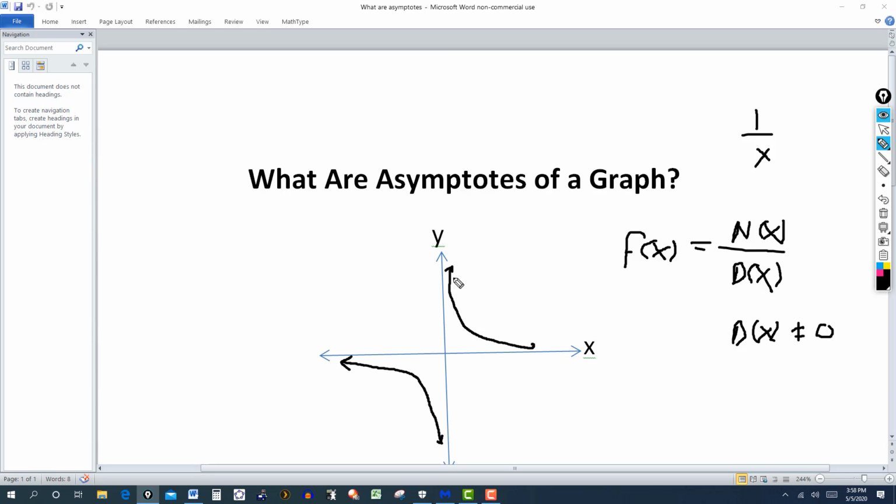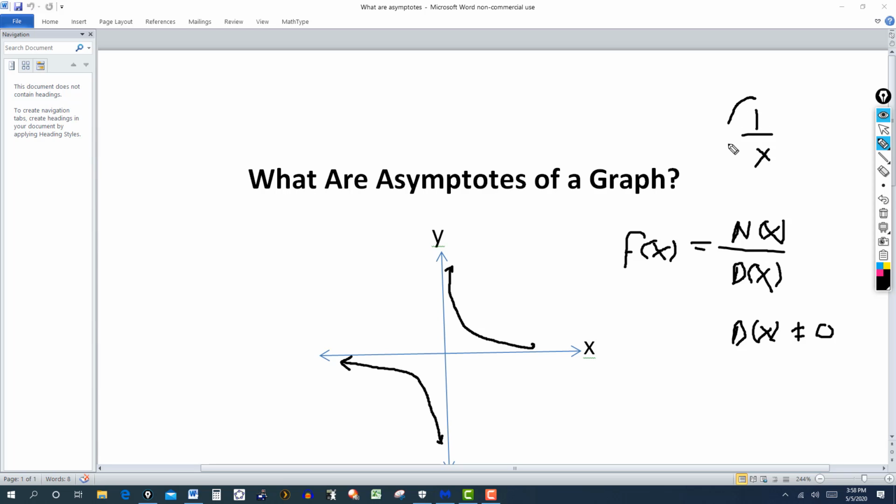The graph will never cross a vertical asymptote because the vertical asymptotes come from values where the function is not defined. So in other words, if there's a value that makes the denominator 0 but not the numerator, then the graph will have a vertical asymptote.